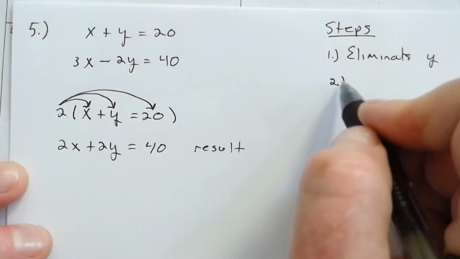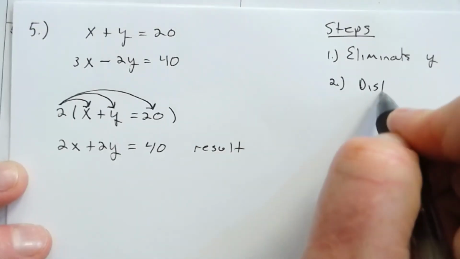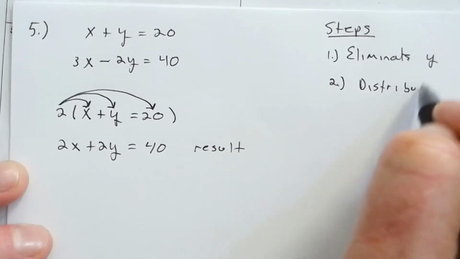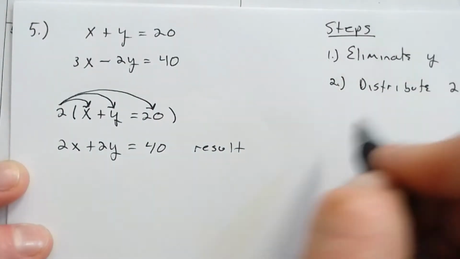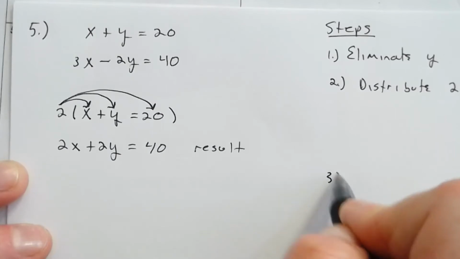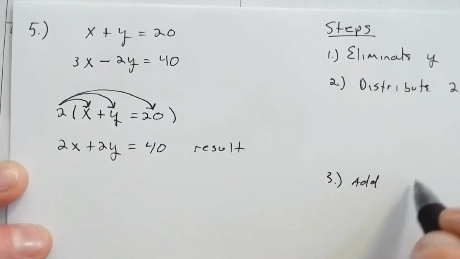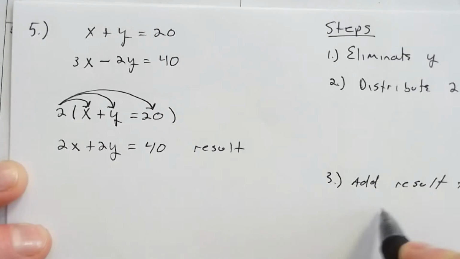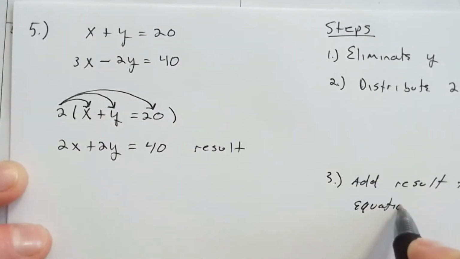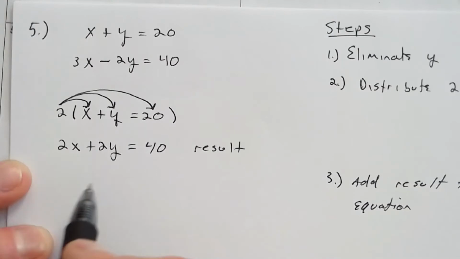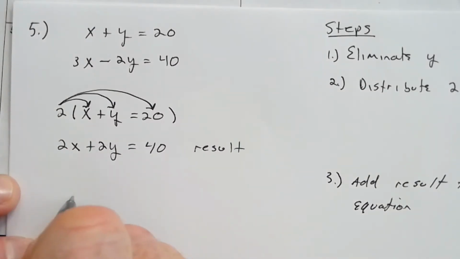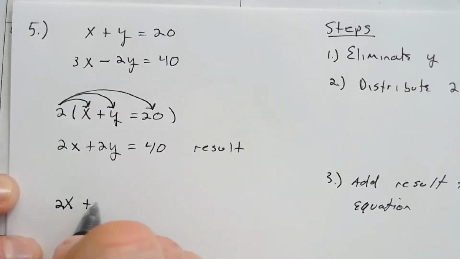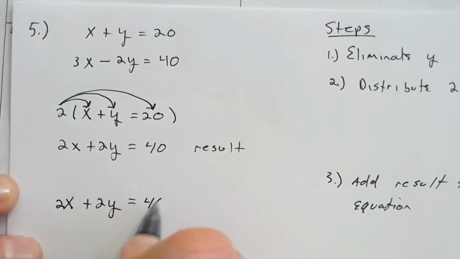And we want to add the result to the second equation. So we have 2x plus 2y is equal to 40.